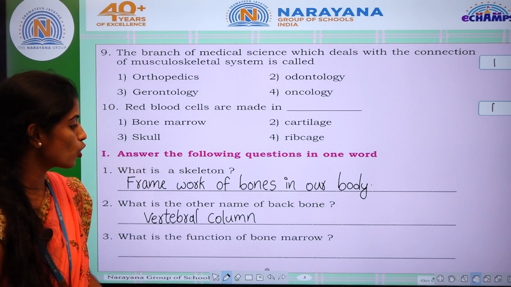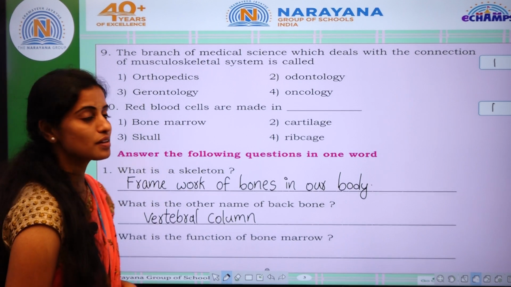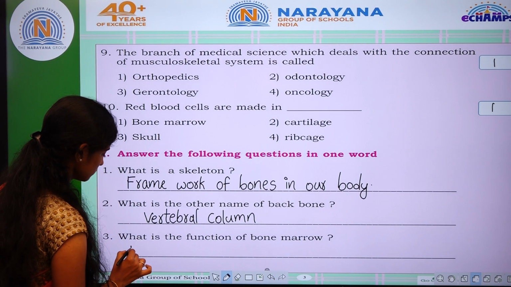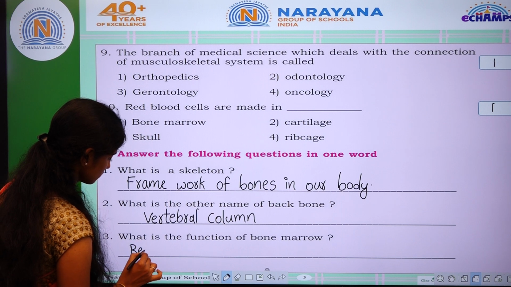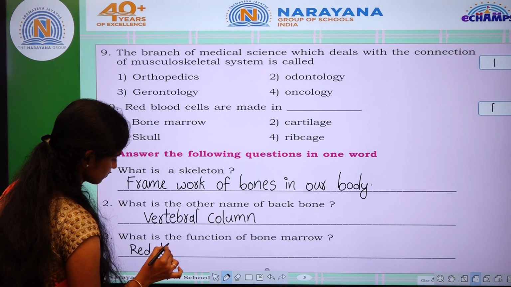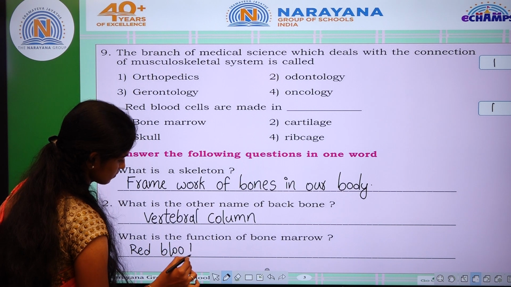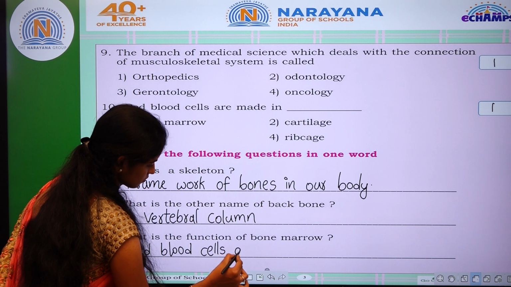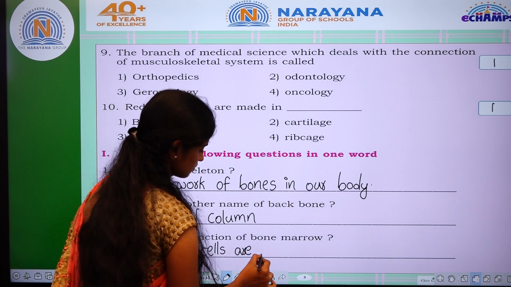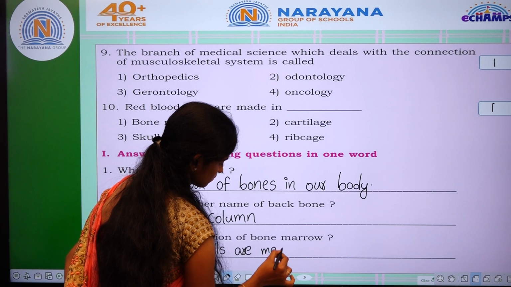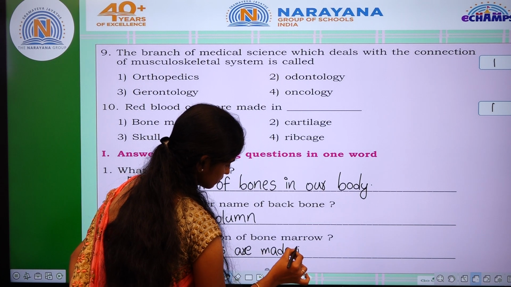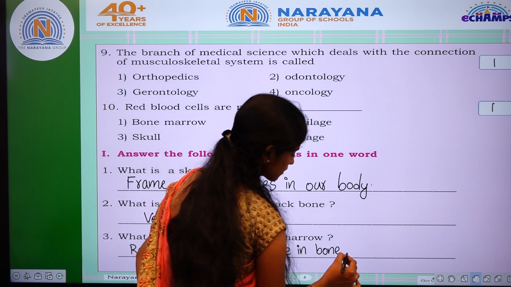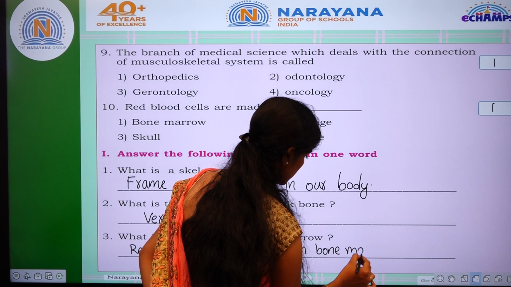So, the function of bone marrow is that red blood cells are made in bone marrow.